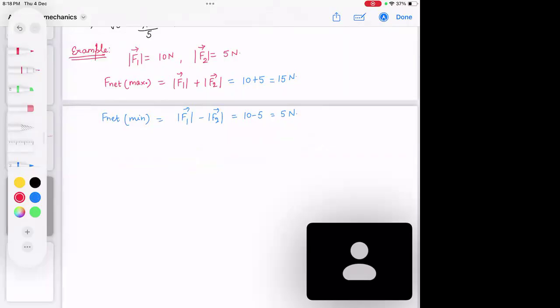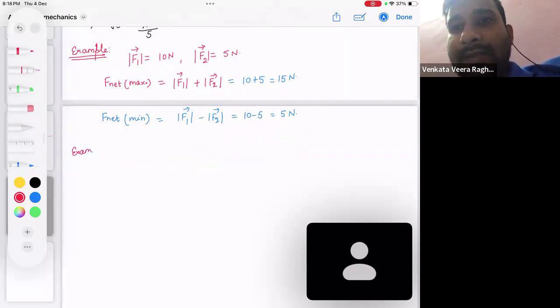Right. Okay, let's do one example. In this example, what is given?